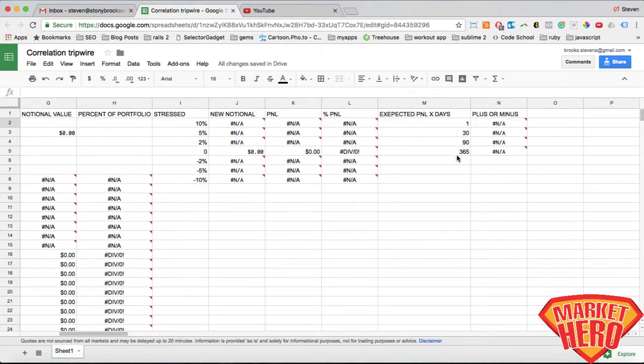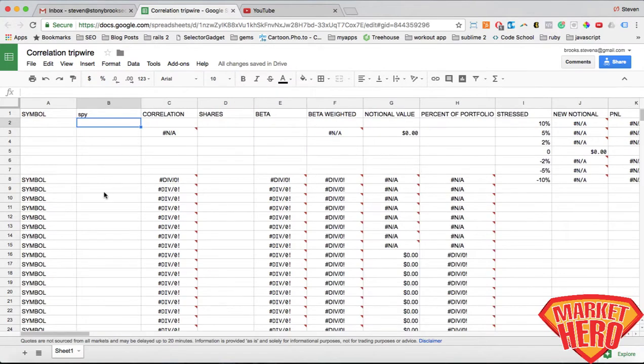So if you have a $25,000 account and the worst you could lose is like $3,000 in the next 365 days, well, hey, maybe you can sleep a little easier at night knowing you're not at risk of your entire account blowing up based off of how everything stands right now.